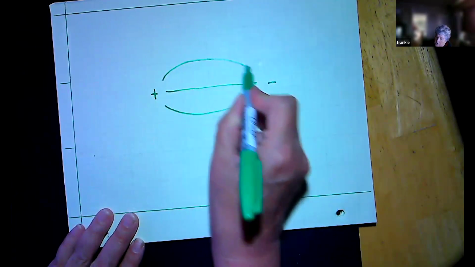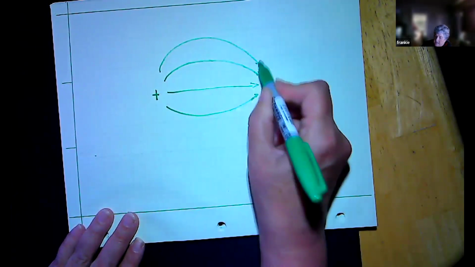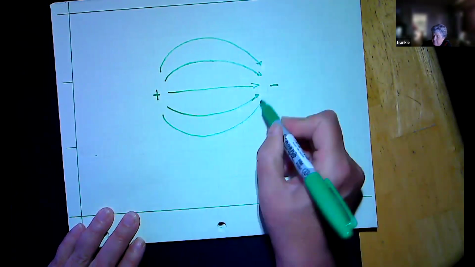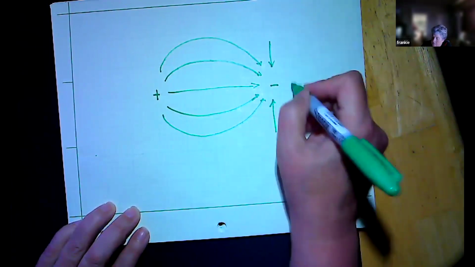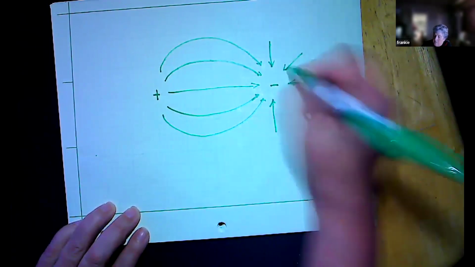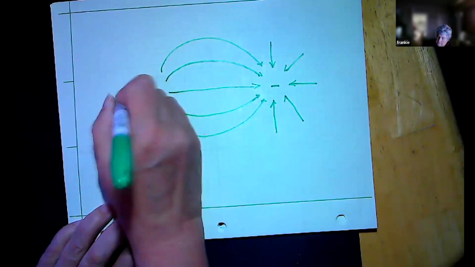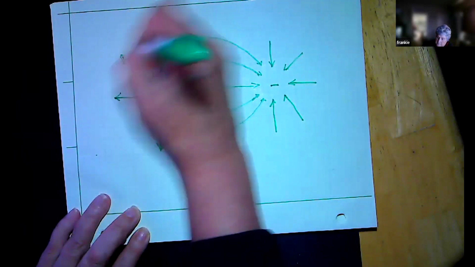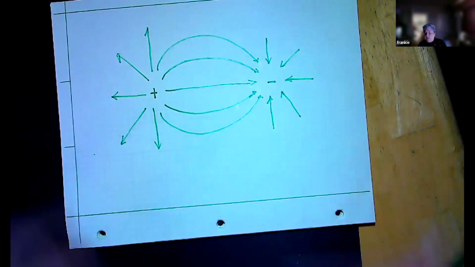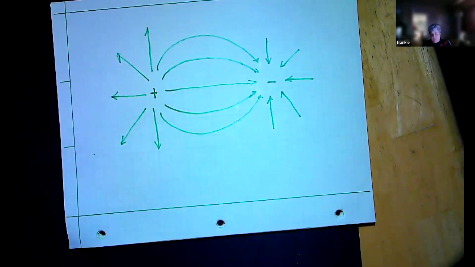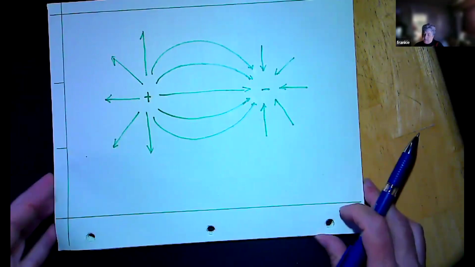And when we start to do our electrostatics labs, which we're going to begin next week, we can look at what happens to our electric field. So this is a representation of an electric field around a dipole.